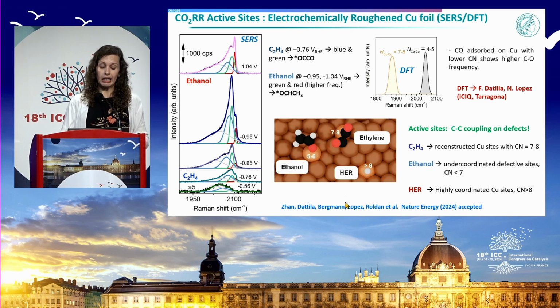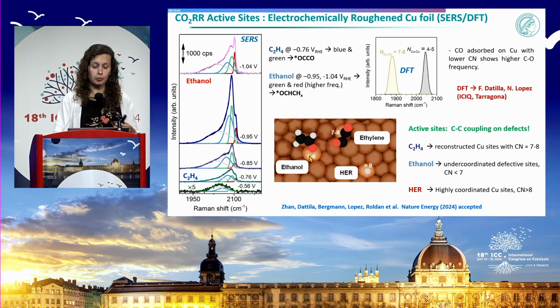It has some highly coordinated sites that are going to make hydrogen. We might have some intermediate coordinated sites that help us to make ethylene, and then there are some strained, low coordinated sites, and ideally, if you have also some oxygen there, that are going to be favorable for making ethanol. And it's not one or the other, because these are changing depending on the applied potential, and these species are also changing as a function of the reaction time.